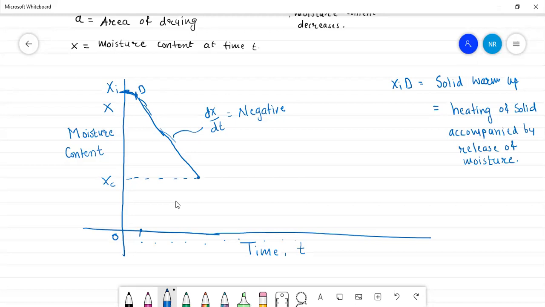Now DE represents, here is a point E. DE represents the moisture falling linearly with time.